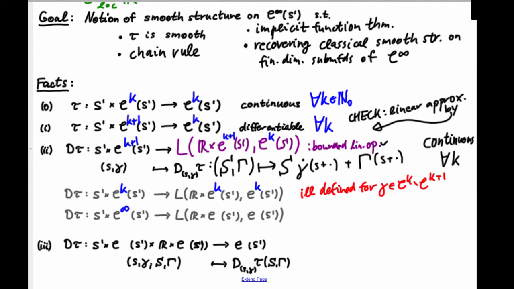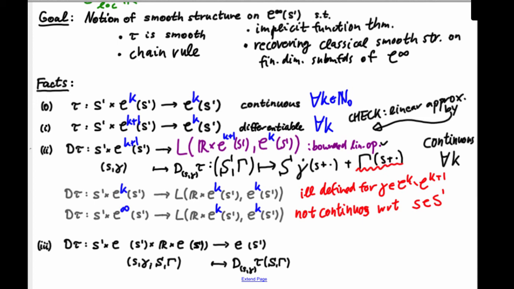And at smooth maps, this differential as a map from C^k to C^k is well defined. So this map is well defined now. But is this continuous? And it turns out that it is not continuous with respect to variations of s, and that is because of this pesky thing here.